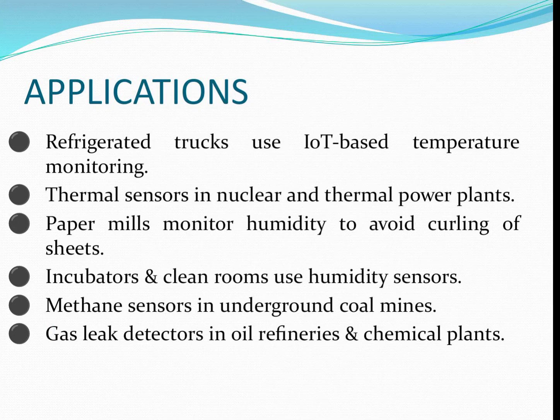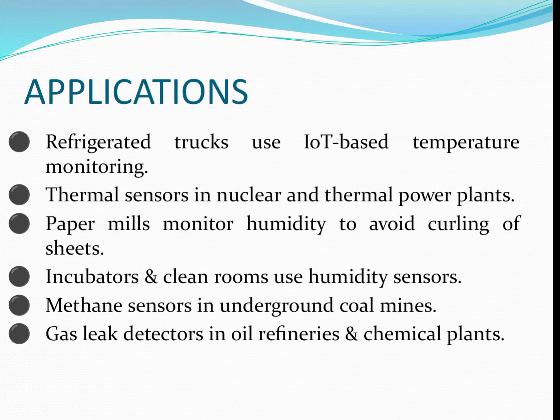These are images of the humidity sensor, temperature sensor, and gas sensor. Applications: refrigeration trucks use IoT-based temperature monitoring. Thermal sensors are used in nuclear and thermal power plants. Paper mills monitor humidity to avoid curling of paper.